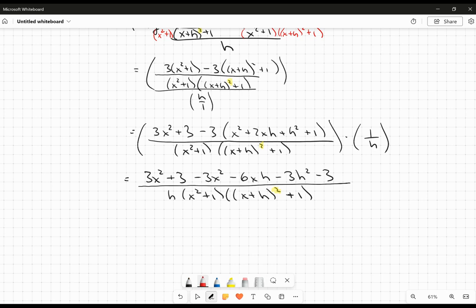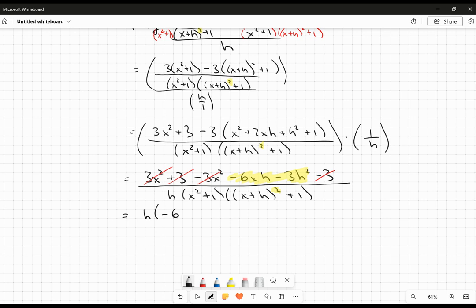Now, watch what happens here. The 3x squared and the negative 3x squared are going to become 0. This 3 and this negative 3 are going to cancel, and become 0. And in a pattern like this, you are always left with this expression. So what I'm left with here is negative 6xh minus 3h squared. I will always be able to factor an h out.